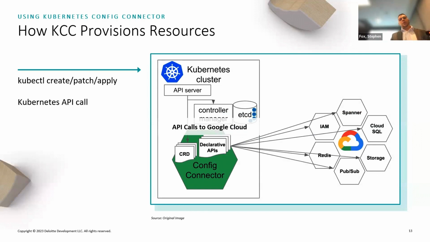There's a controller manager, which is basically a pod or a deployment that's running on your cluster when you install KCC. It watches for the objects that are in etcd. Etcd is like Kubernetes' database. It's a key-value database, and that's where the objects actually get stored. So the YAML that we saw in the previous slide gets put into etcd, and now there's a PubSub topic in etcd.